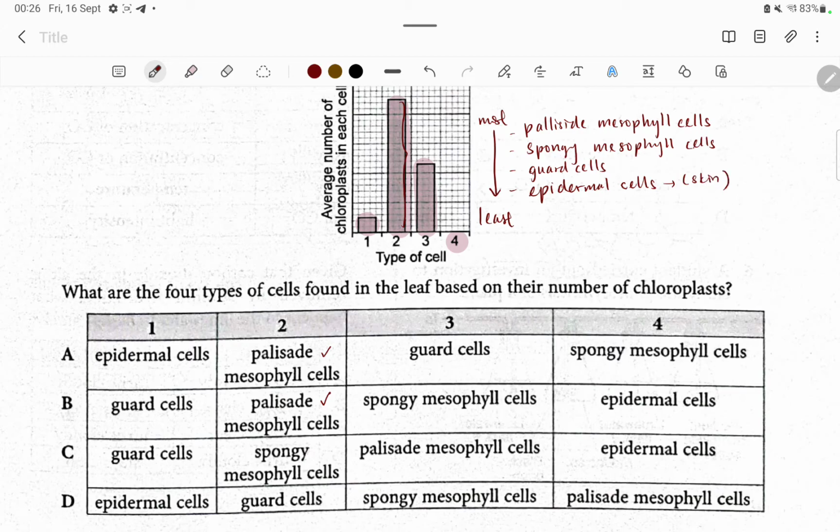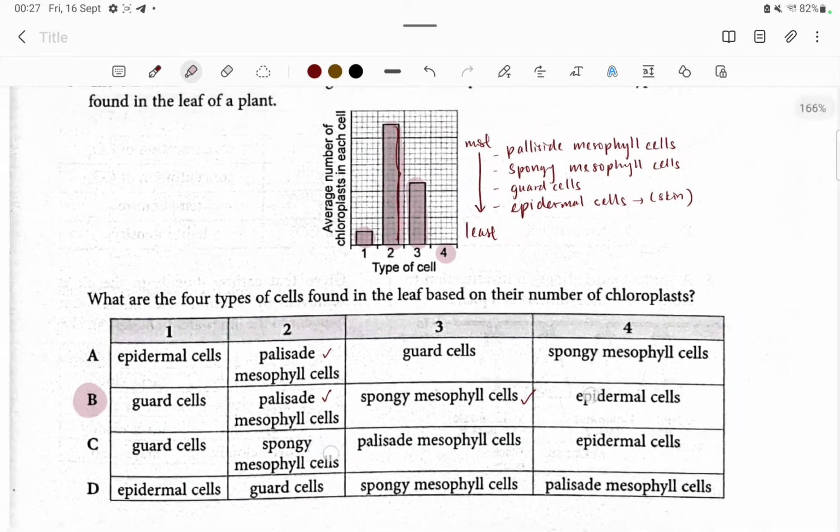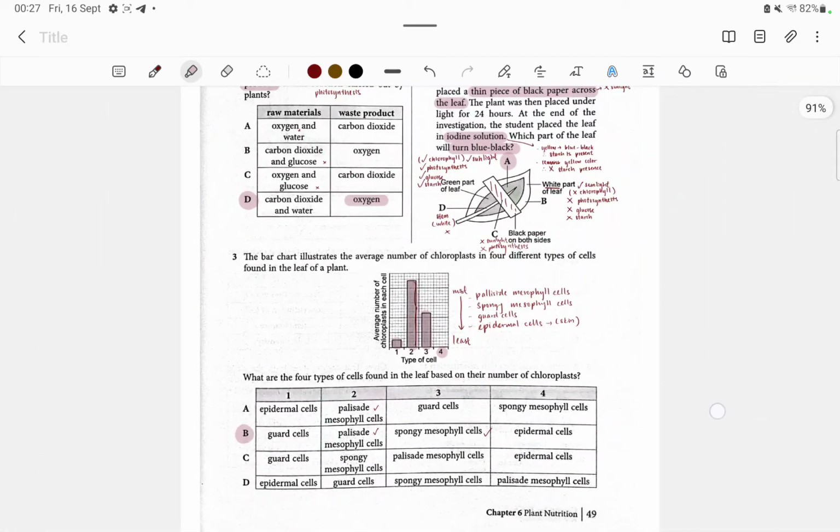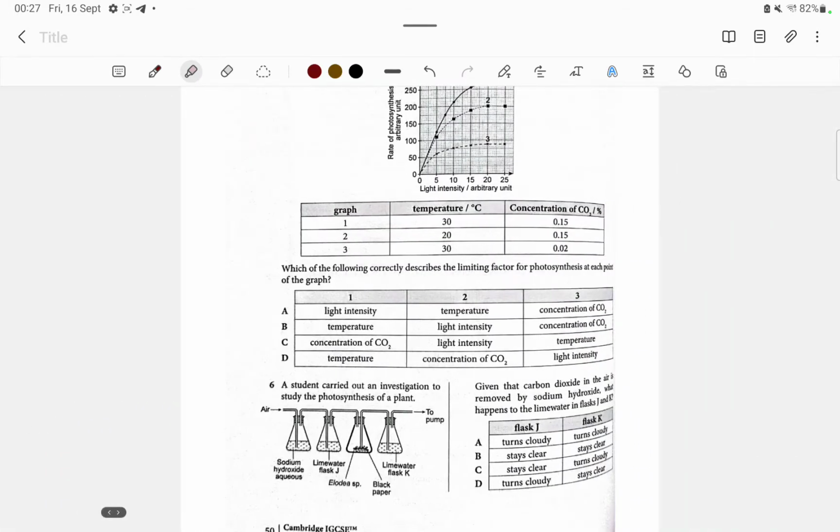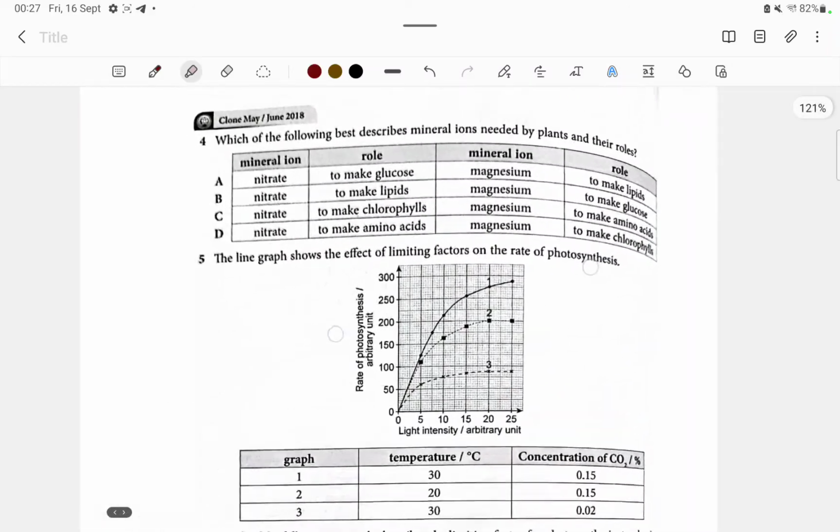So you see highest is palisade, correct, and then followed by spongy because the third one is the second most chloroplasts. So the answer should be B. Okay, and then after that, let's move on. Number 4.